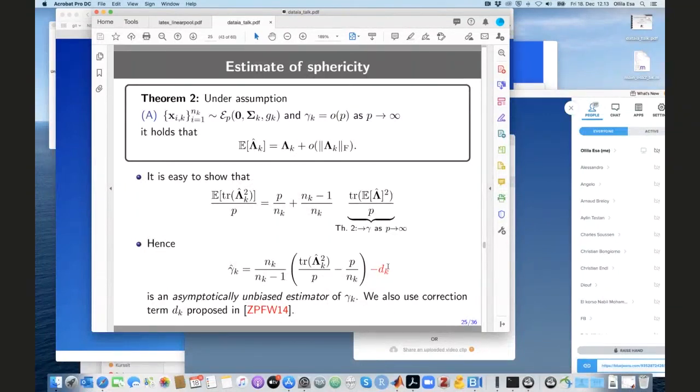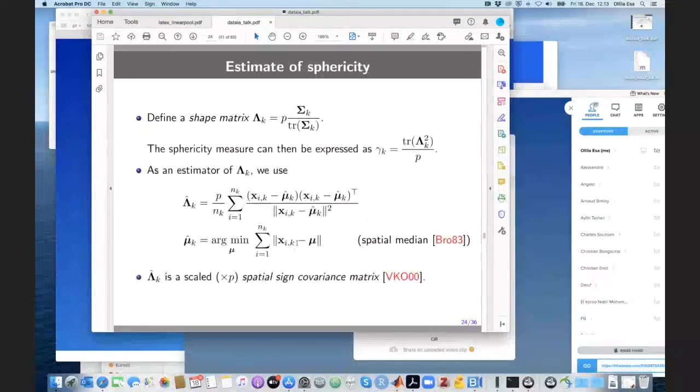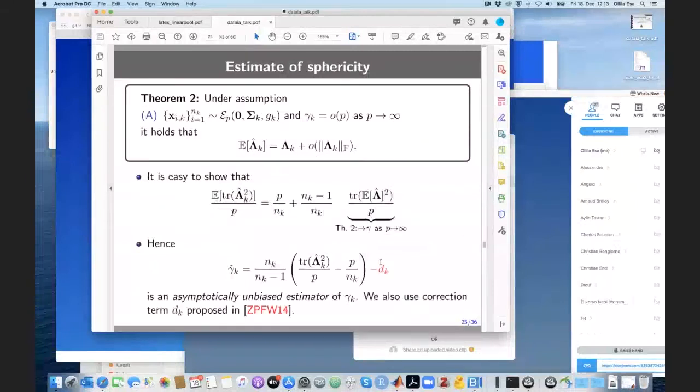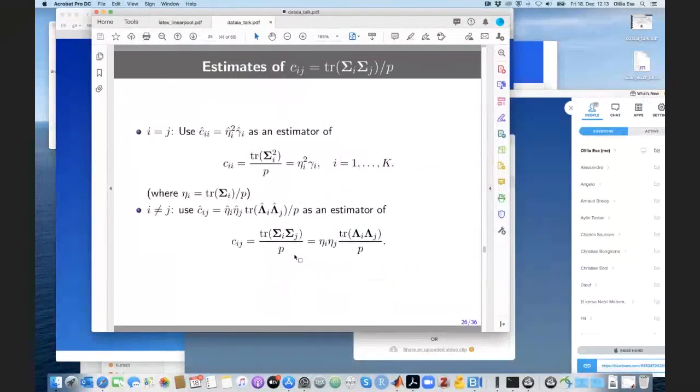In the previous slide, we are centering the observations using the spatial median, and when you do that, you need a correction factor to take care of the fact that there are some bias terms due to this estimator of the mean.